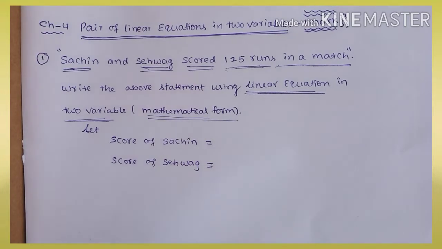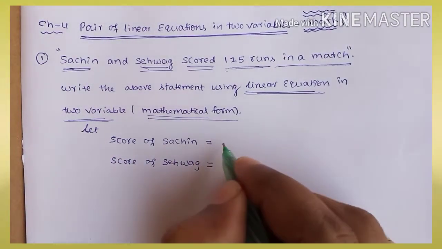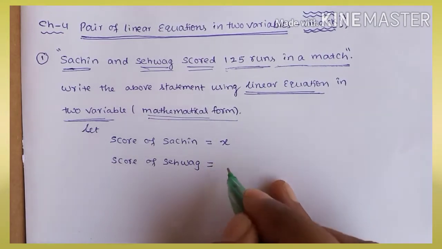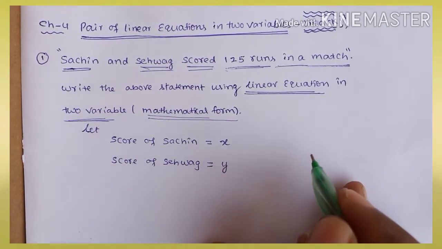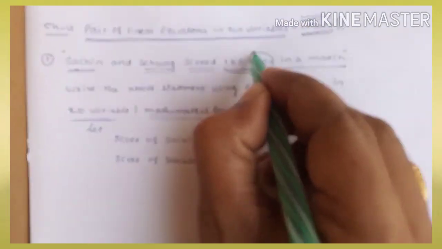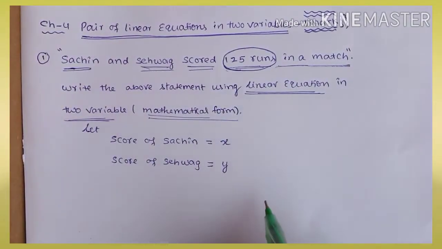Combined score is 125. We don't know the individual scores, so let the score of Sachin be the first variable x, and the score of Sehwag be y, but we know both scored 125 runs.